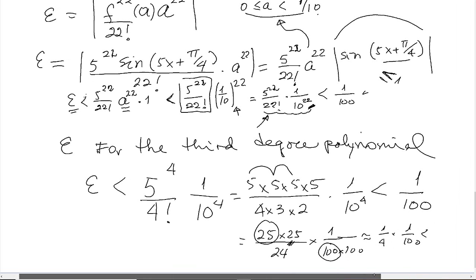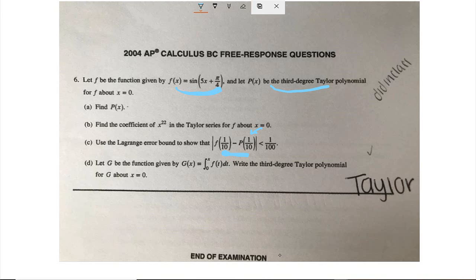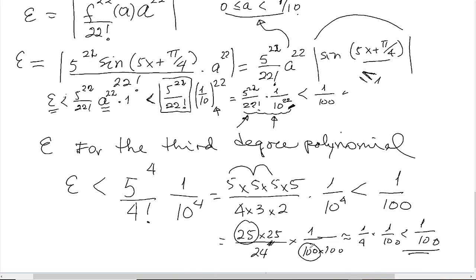It doesn't surprise us that this gives less than 100, because over here the error is extremely low, but here it may be bigger, but less than 100, which may be the question over here. When he says error bound, I thought at first of using the order 21 Maclaurin polynomial. But when he says here third degree, I changed this and again it gave me less than 1 over 100.